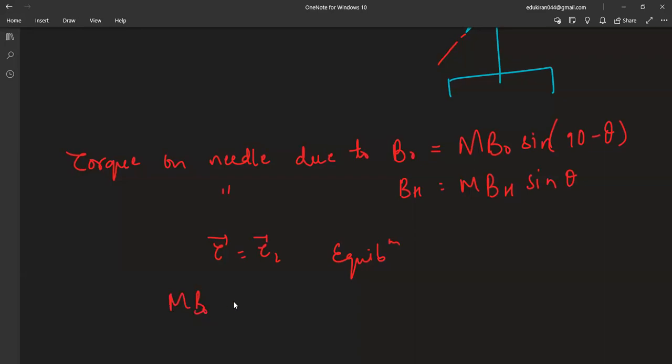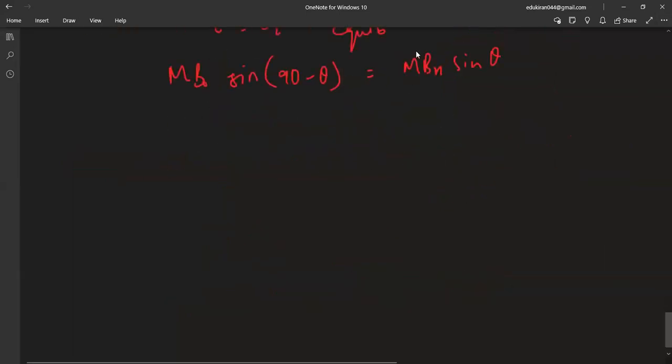So M B naught sine 90 minus theta becomes equal to M BH sine theta. From here, the M will be cancelled. Sine 90 minus theta is cos theta. So this is B naught cos theta is equal to BH sine theta.